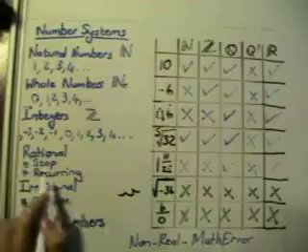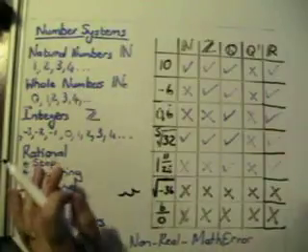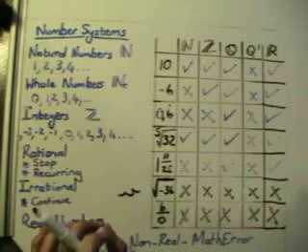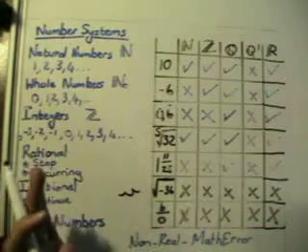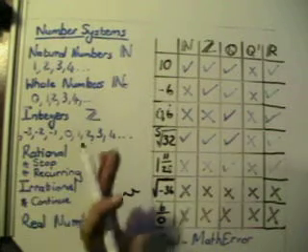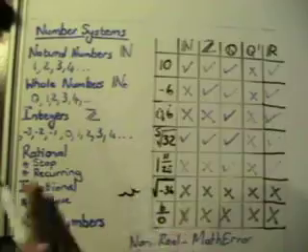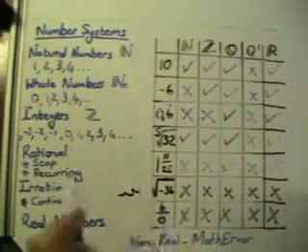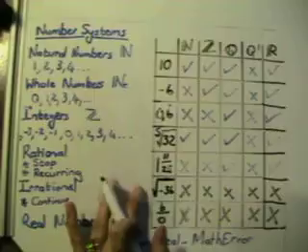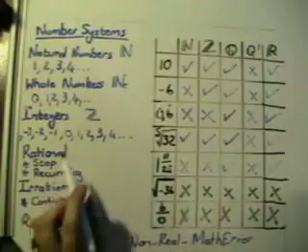Then I have to specify I'm working with rational numbers, or all the possible real numbers between 1.5 and 2.2. So there's specific things that I do that I have to know.